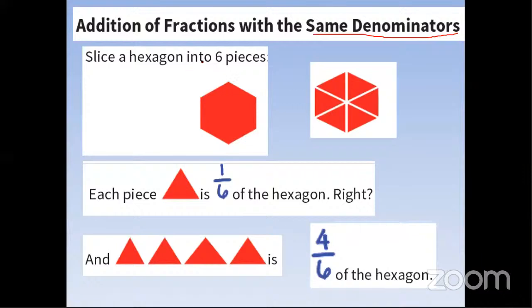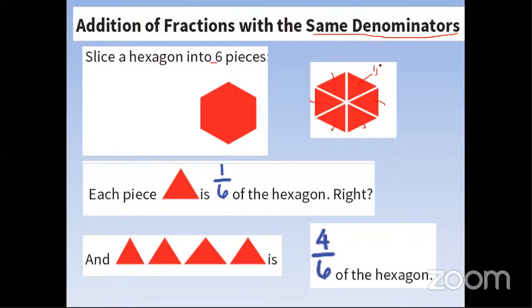If you have one single hexagon here, and you slice it into 6 different pieces, we have piece 1, 2, 3, 4, 5, and then 6. Now, every piece that you see here is 1 out of the total number of pieces.